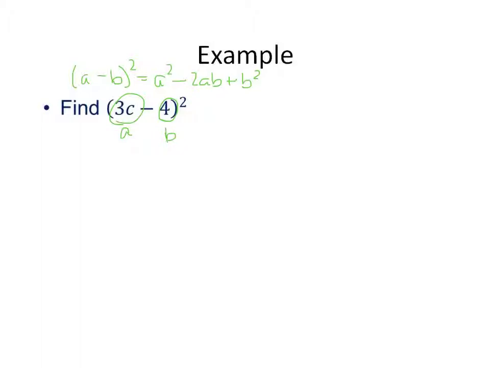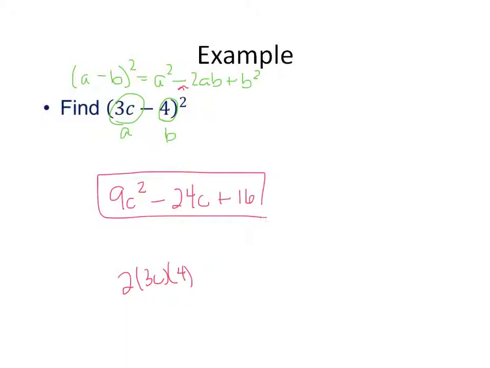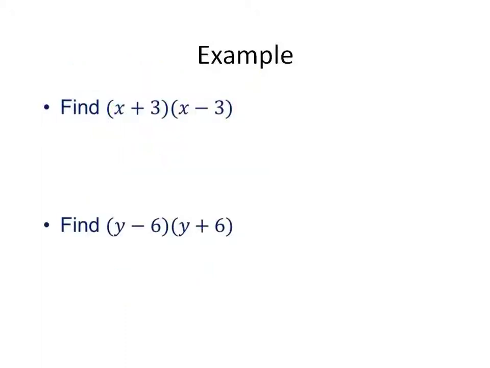So this is a squared, which is going to be 9c squared, minus, because I'm doing this minus sign right here, 2 times a times b. So what do we get? 24c plus b squared, which is 16. You are just putting these numbers into a pattern and simplifying.